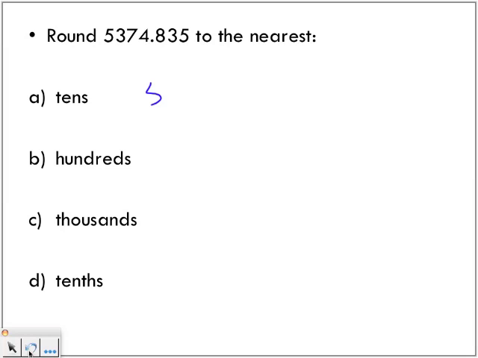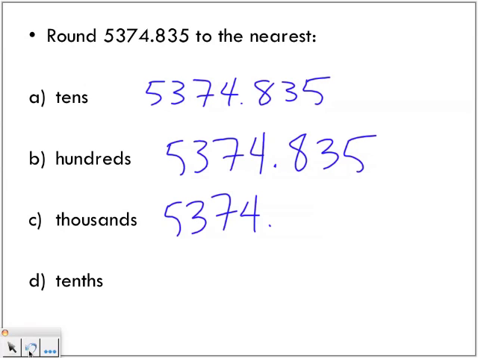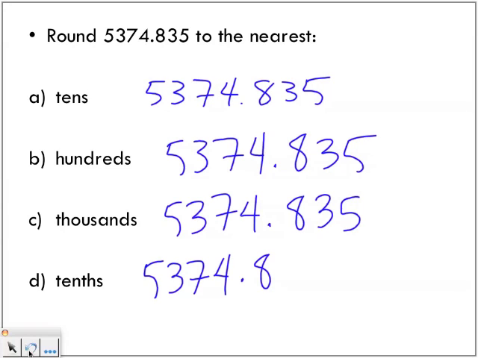Because this is the number that we're trying to round off from, but if we want to do the whole underline and then arrow, we need a clean number every single time we do it.